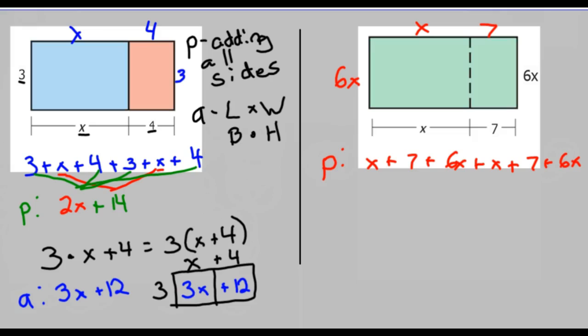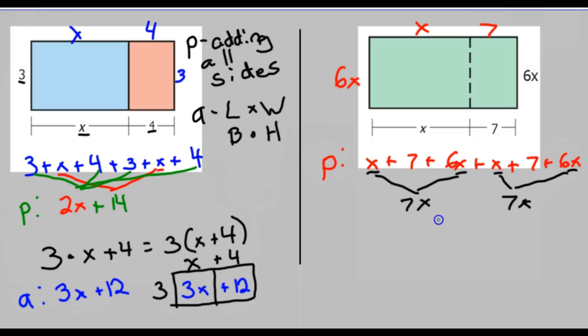Now, if we look for our like terms, I see we have an x here, and an x here, and an x here, and an x here. Now, how many x's do we have? Well, we have 1 here, 6 here, so 1 plus 6 is 7x. We also have an x here, so that's 1x, and 6 more x's, so that's also 7x.